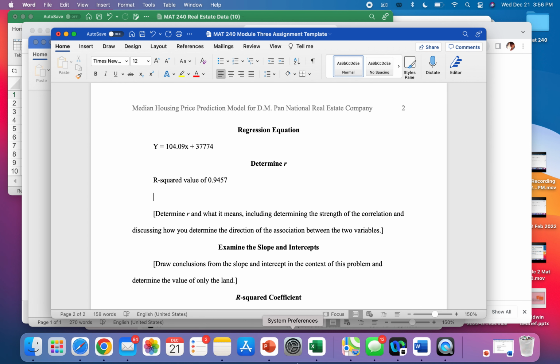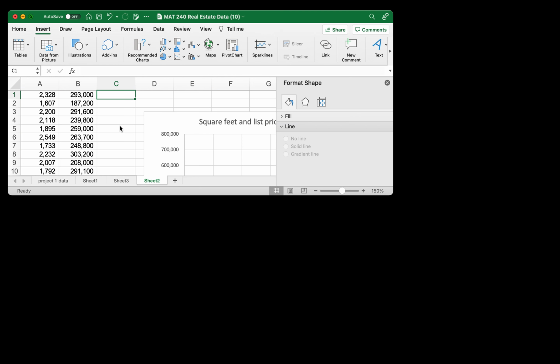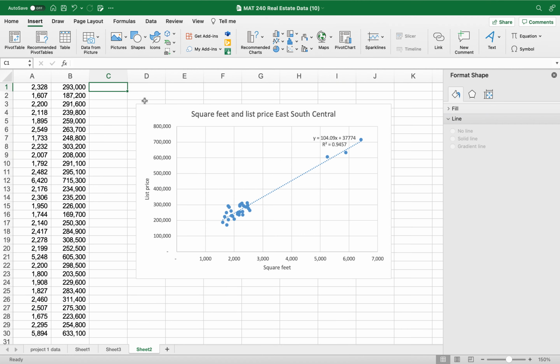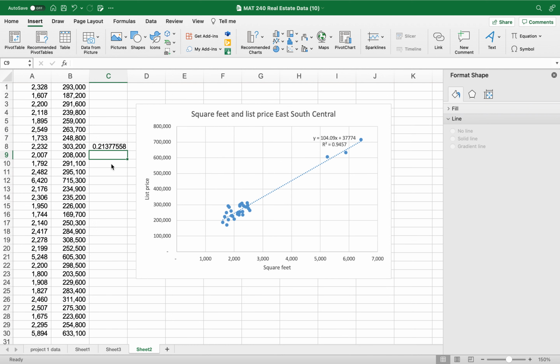R is the square root of that. You can use a calculator, or you can go to Excel. Excel will do calculations. So I can say equals SQRT. If you start typing square root, it pulls it up. So I'm going to do the square root of 0.9457 and hit enter.